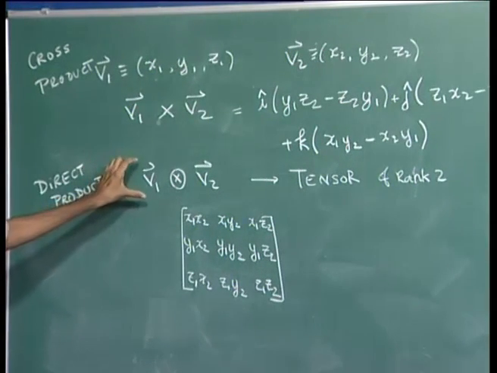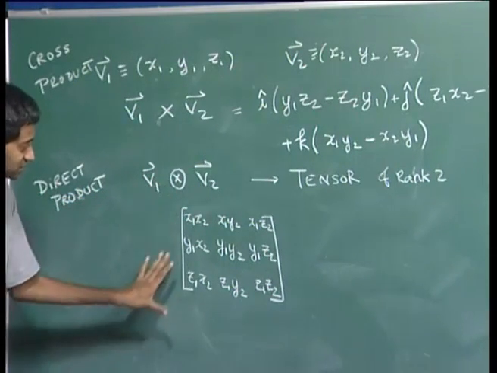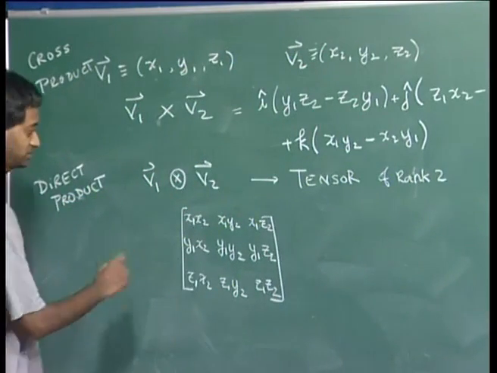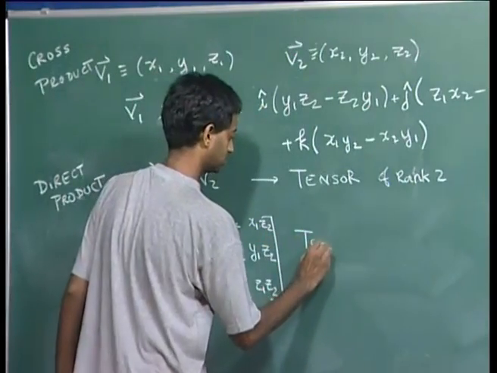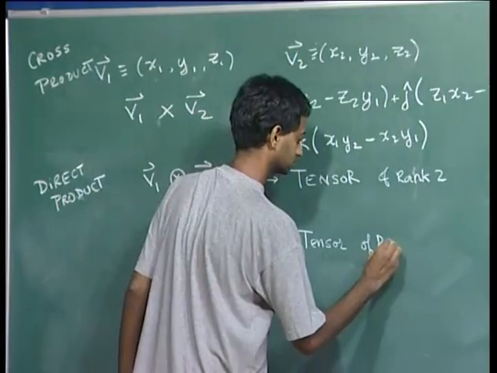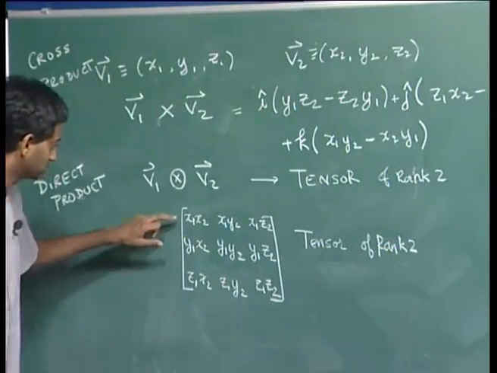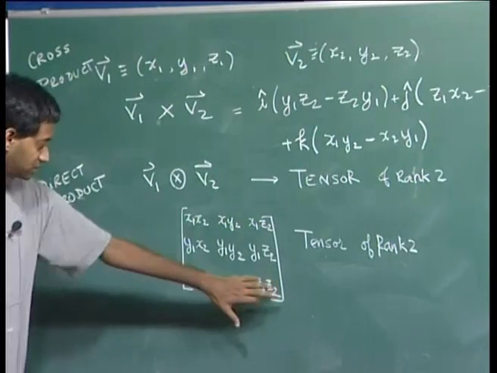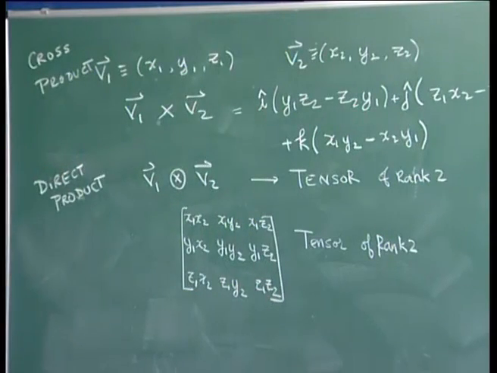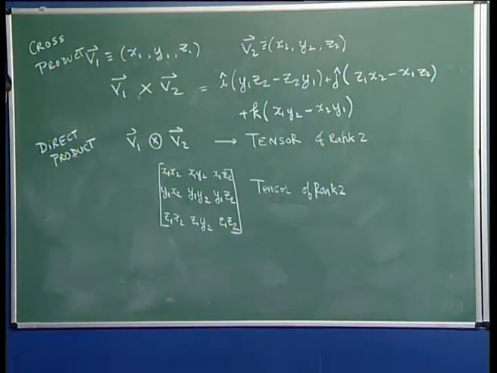But you go from 2 vectors with 3 components to an object with 9 components, and this object is called a tensor of rank 2. It is called rank 2 because you have a row and a column, and essentially it is a direct product of 2 vectors. Okay.